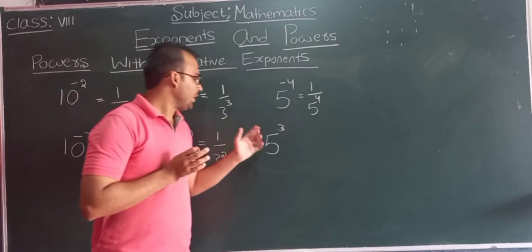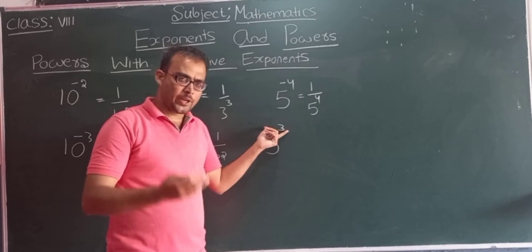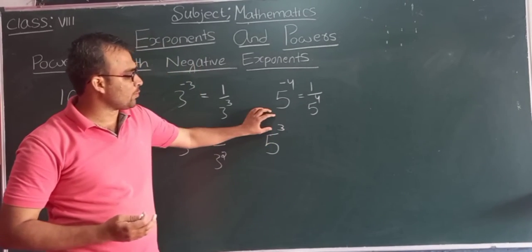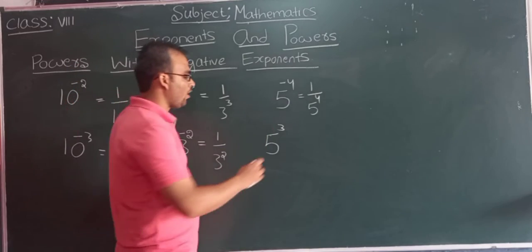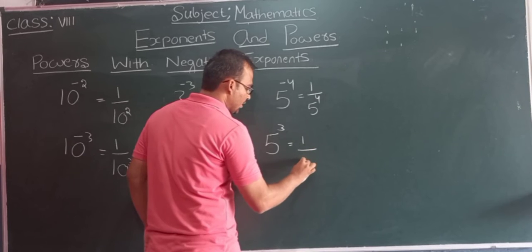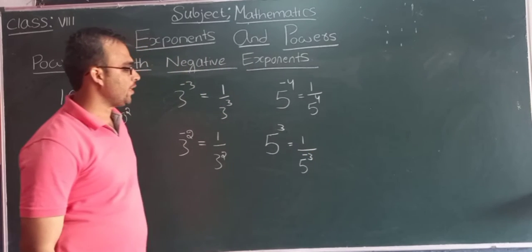If you want to write this positive exponent in negative form, then what you need to do? Then reciprocal it. So you can write like this, 1 by 5 to the power minus 3.